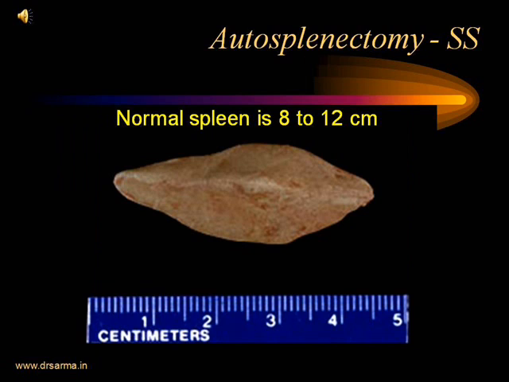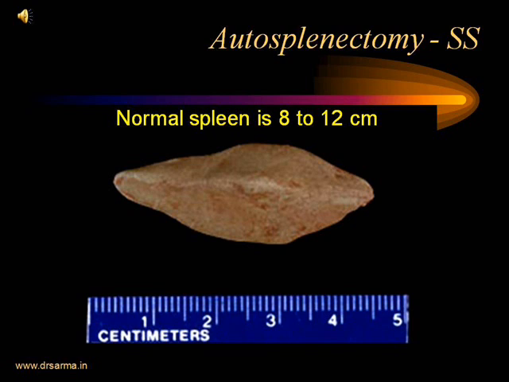In sickle cell anemia, this abnormal hemoglobin results in increased destruction of the RBC, and this increased destruction of the RBC is responsible for splenic infarcts, and repeated infarcts of spleen lead to fibrosis and shrinkage of the spleen. This is what is called autosplenectomy.